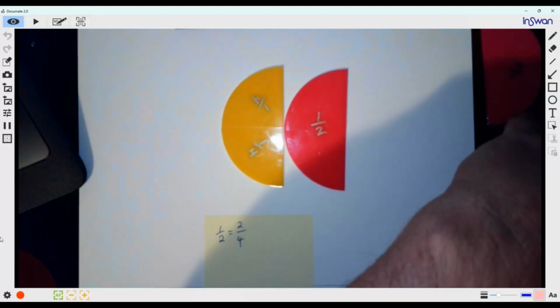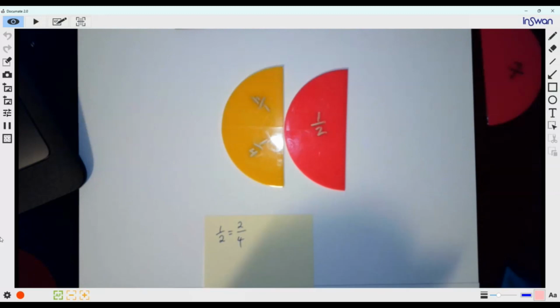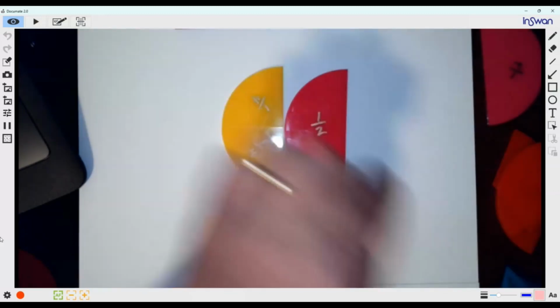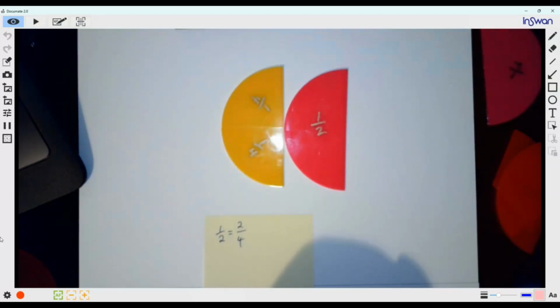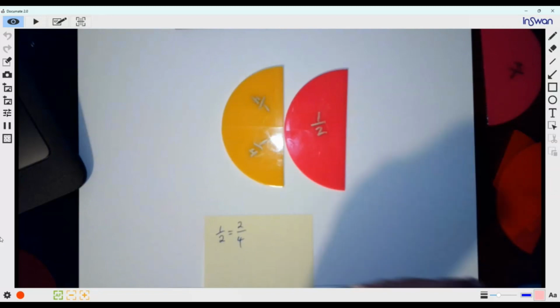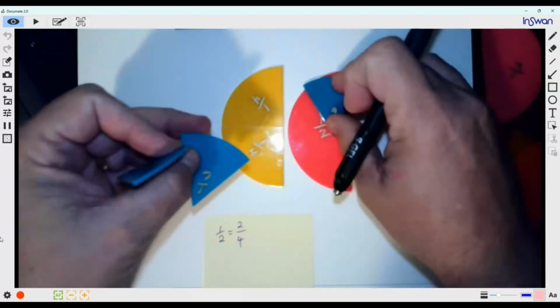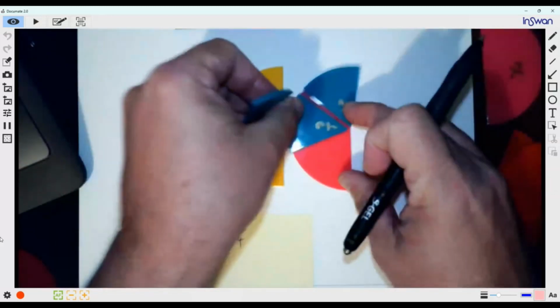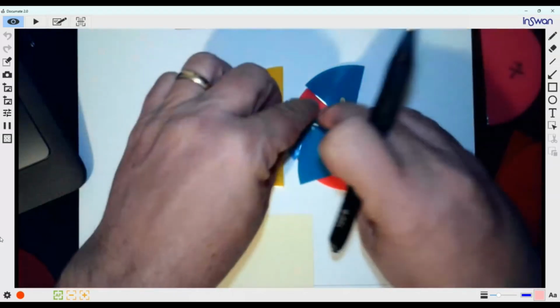I could also take the 1/2 and I could break it into 3 equal pieces.